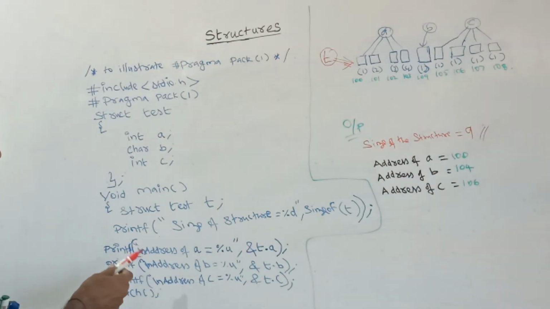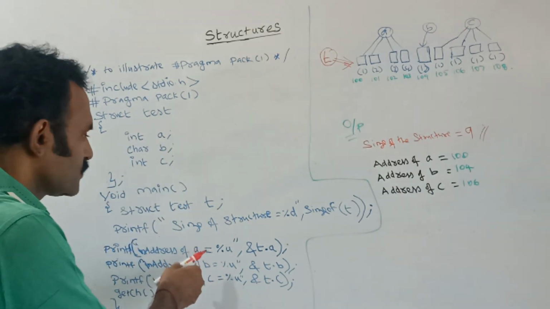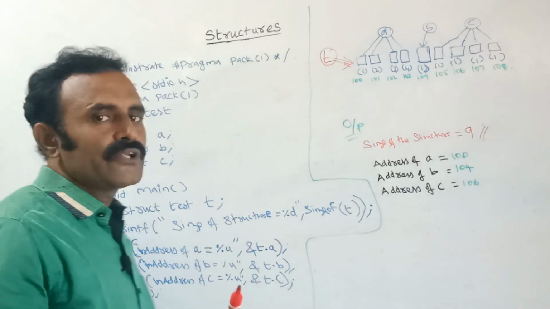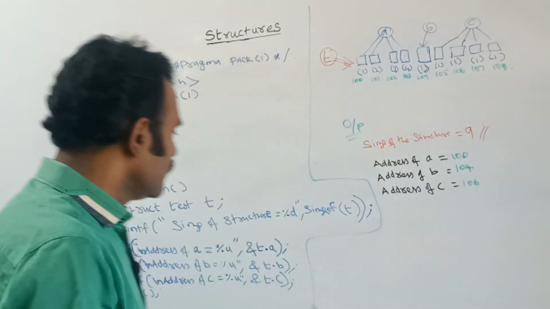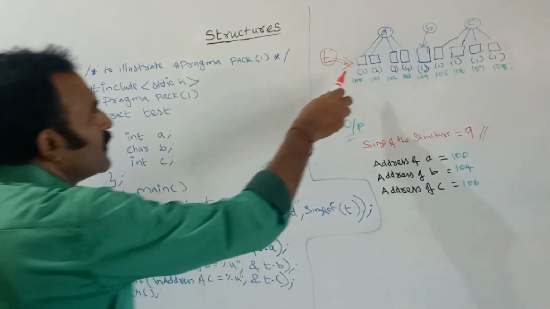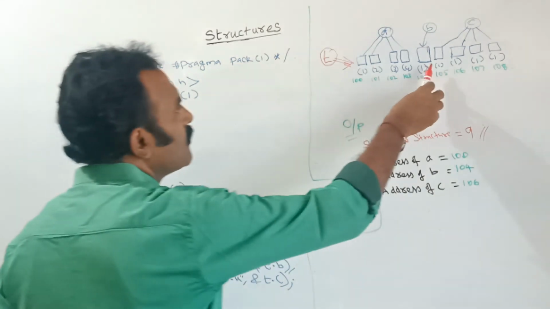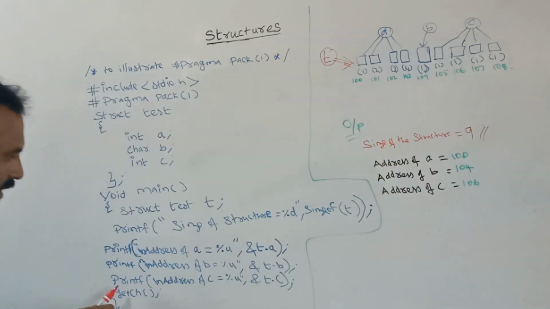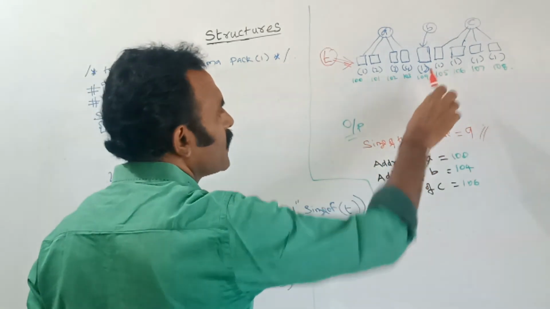Next see here, this is important. Now we are going to see the address of each and every structure member. Already I have told you, for each and every structure member the starting address will be displayed. What is the starting address of this one? 100. Next, the starting address of B is 104. Next, the starting address of C is 105.